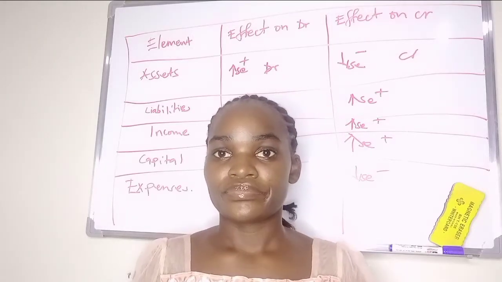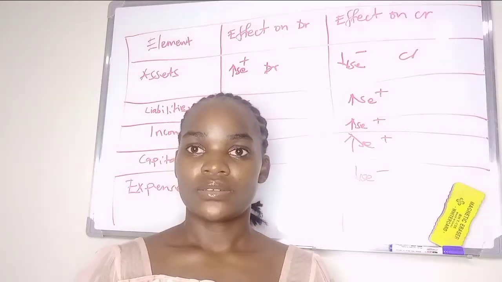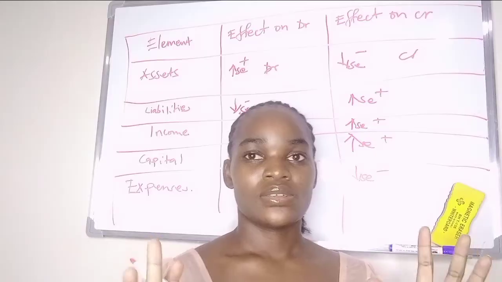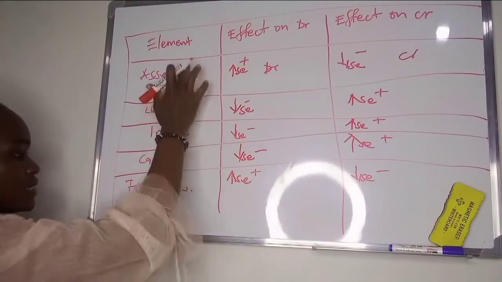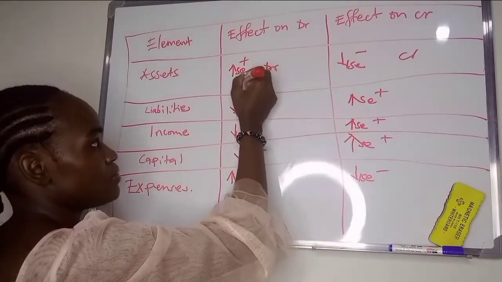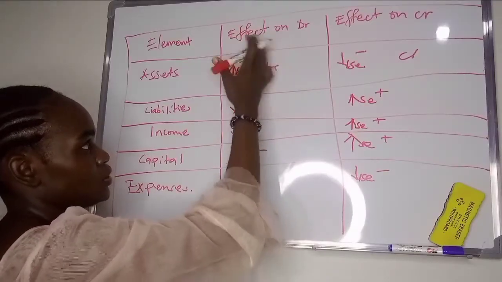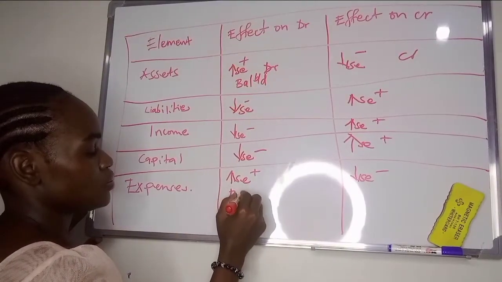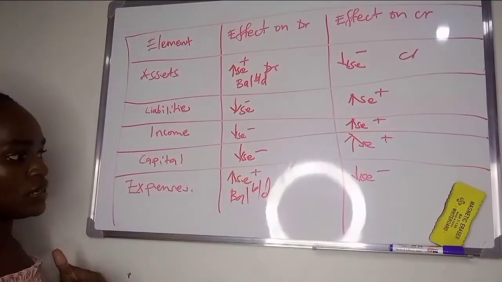And then about the opening balance. The opening balance is also known as the normal balance. In the case of assets and expenses, they have a normal debit balance. So the balance brought down is always on the debit side.